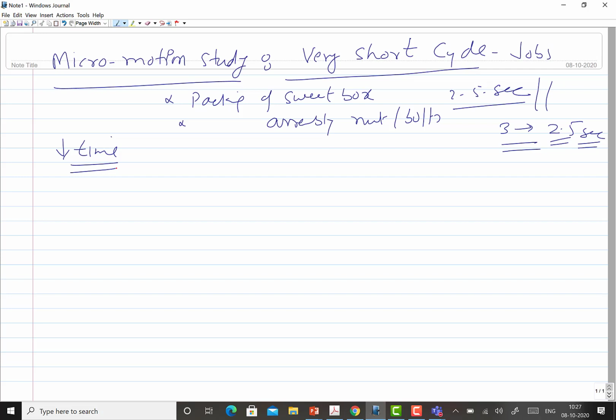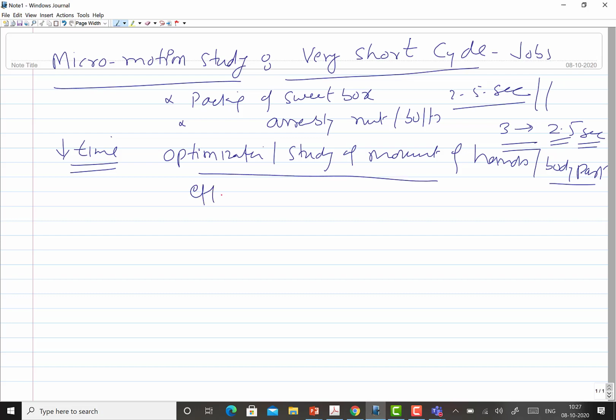But there is another important aspect. By proper optimization and study of the movement of the hands or the other body parts which are being used, the efforts to be put in for doing the simple job can be reduced, and the fatigue related with the work can be reduced.